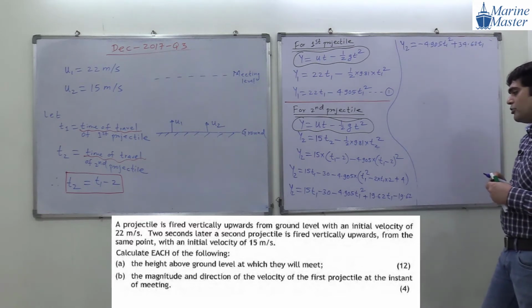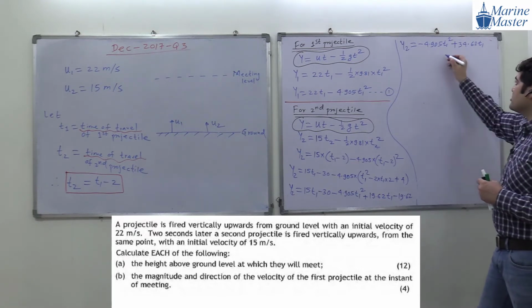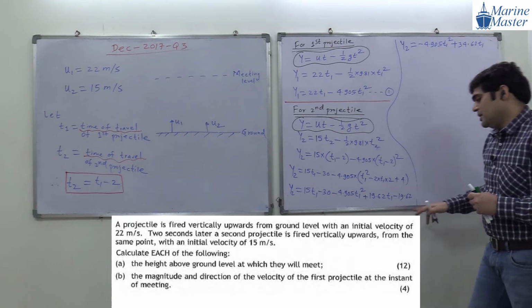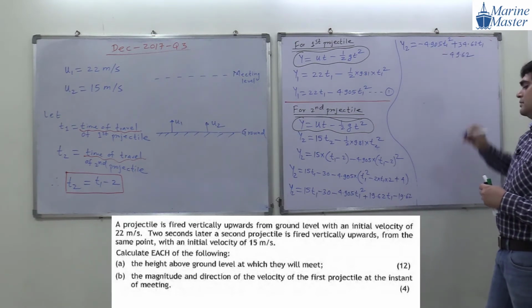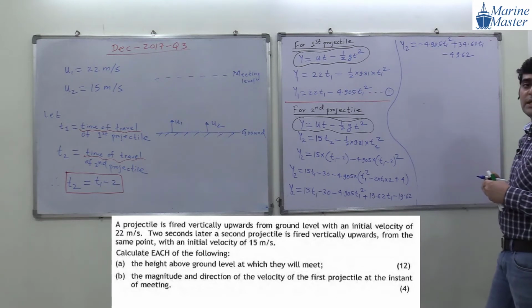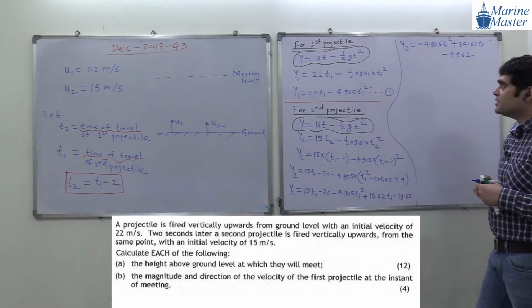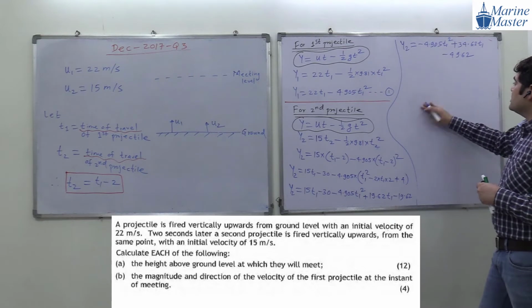Okay, any more mistake from my side? Please everyone check it. 34.62 T1. Then what will be the next point, guys? Minus plus. So minus 49.62. Okay, everything is okay from my side, guys. Please observe the things. So this is equation 2.